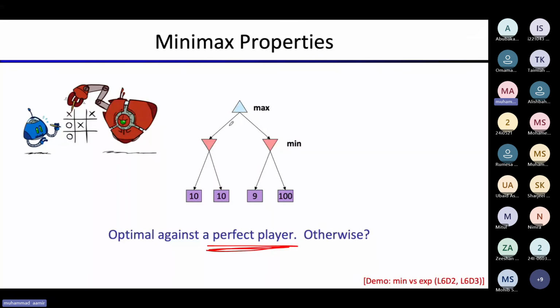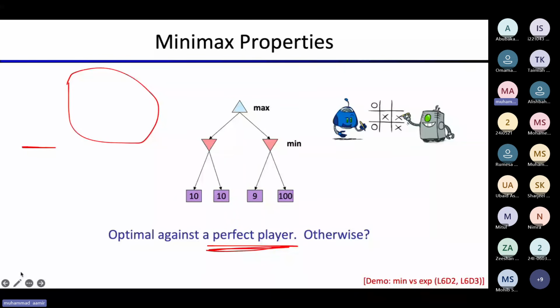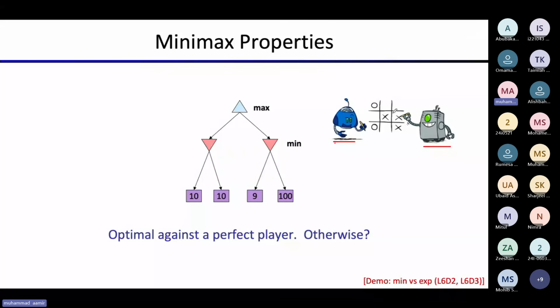If you are playing the game with a mastermind player, of course the game is going to be a tie. If you are playing with an average player like you maybe, then there are chances that we can get the win, or the second player can get the win and we can lose.